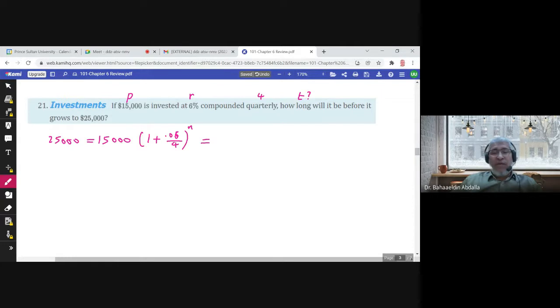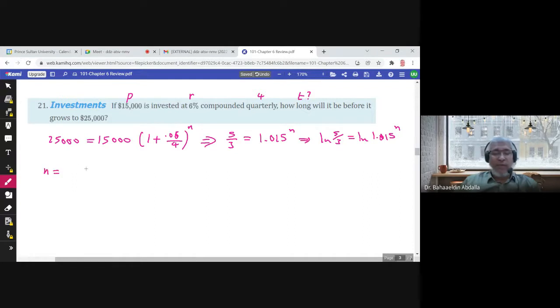And now we start by dividing 25,000 by 15,000. And this will give you 5 over 3, and this would be 1.015 to the power n. And as usual, we apply ln to both sides, and because of that, we can take n down.